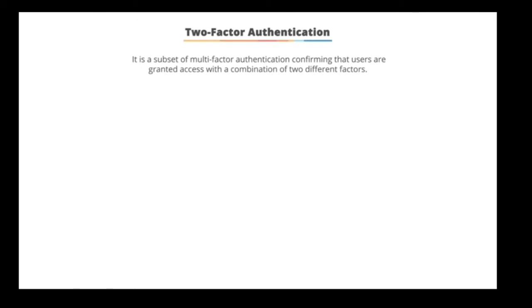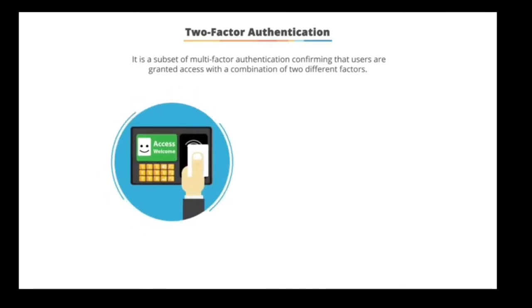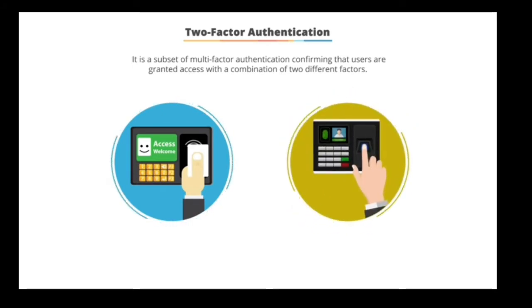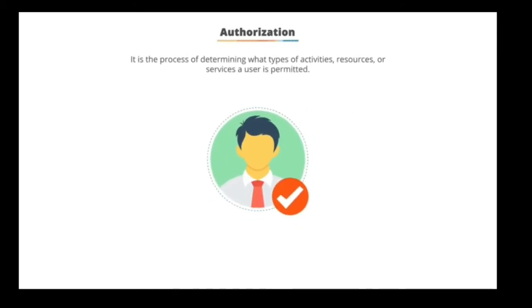Two-factor authentication is a type or subset of multi-factor authentication. For example, a combination of more than one method: a token and a password or PIN, or a token and a biometric device. Authorization is the process of enforcing policies, determining what types or qualities of activities, resources, or services a user is permitted.